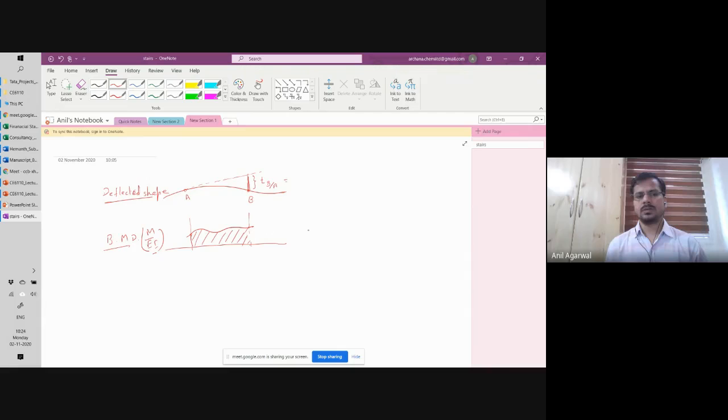I take the area of this one, from A to B. Okay. This area that is hashed here, that area will have a centroid, and that is at a distance x bar from point B. That area is multiplied by x bar, and TB/A is equal to this.